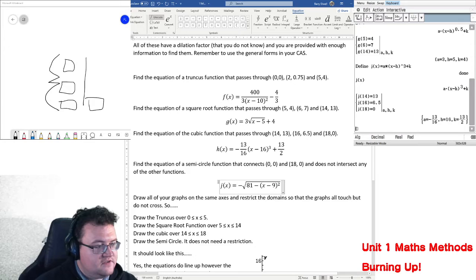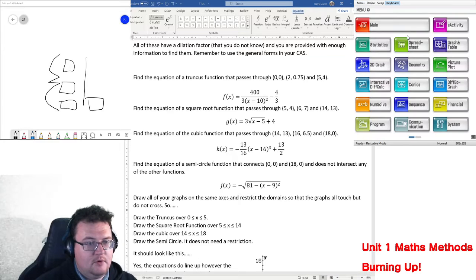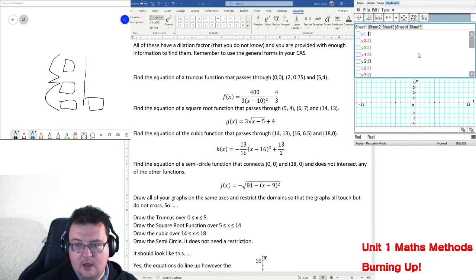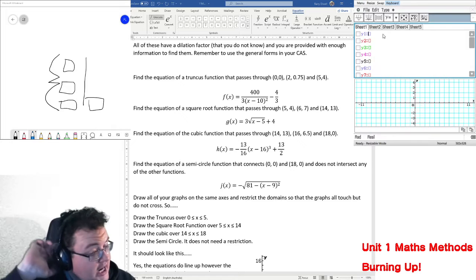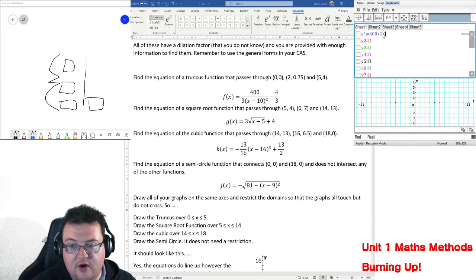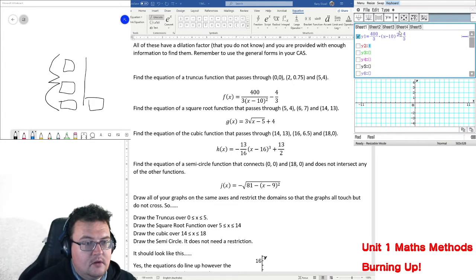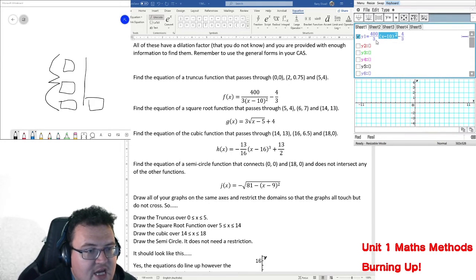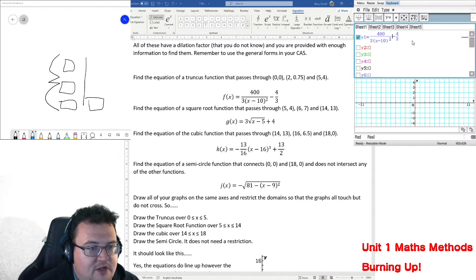So now that I've got these functions here, let's go back to our CAS and we'll pop them into our graph and table. So 400 divided by 3 bracket X minus 10 squared minus 4 over 3. Now, when you type these out, you have to make sure that they copy properly.